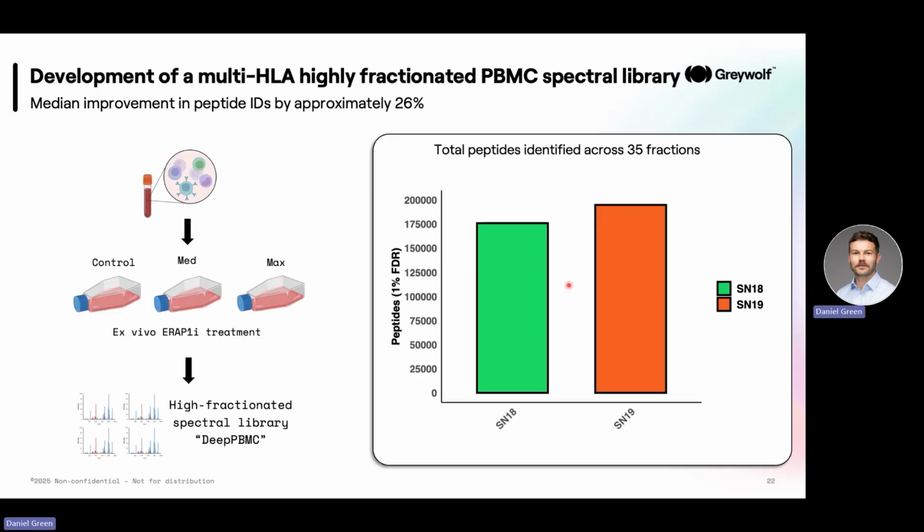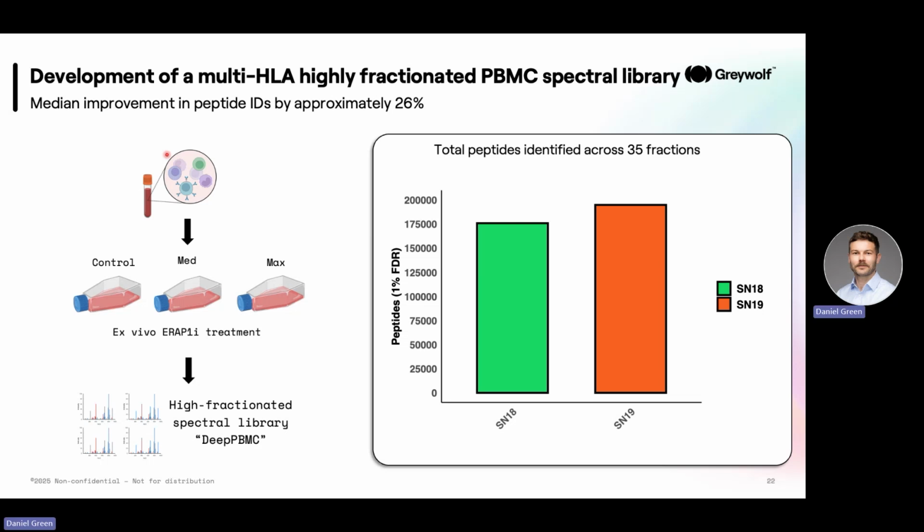And one way we thought about doing this, and largely because of insufficiency of clinical material to make a spectral library on a per patient basis, was to make an external reference library that we would search all of our clinical data against. So again, left-hand side here, we sourced ex vivo healthy PBMCs that were HLA matched to the geographies that we were running our trial in.